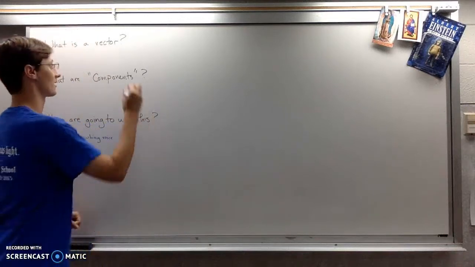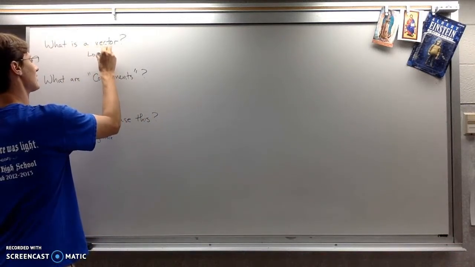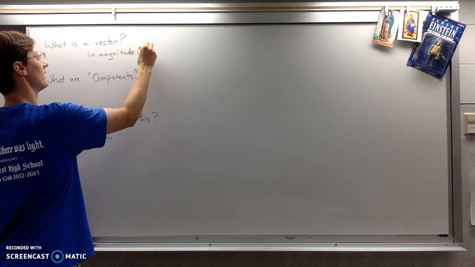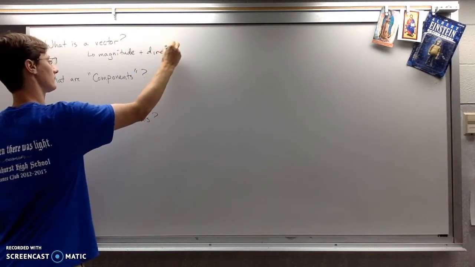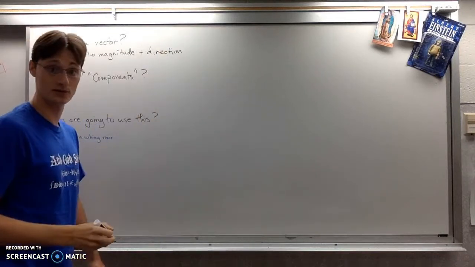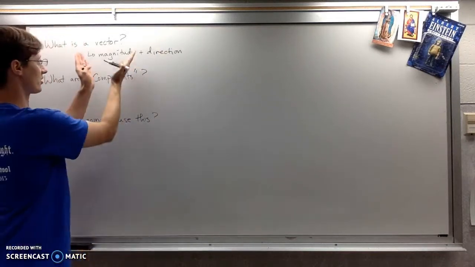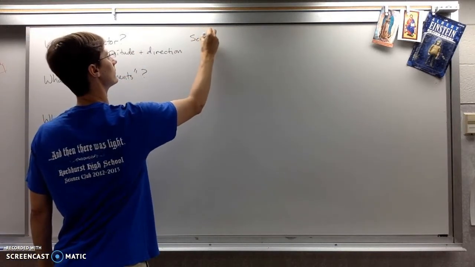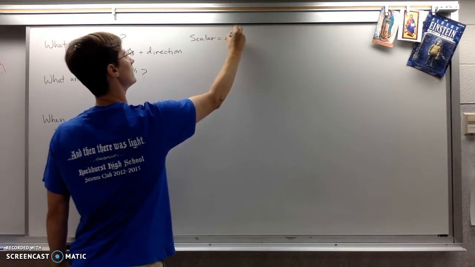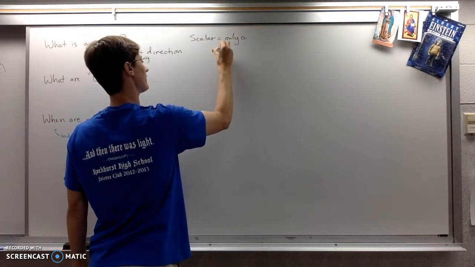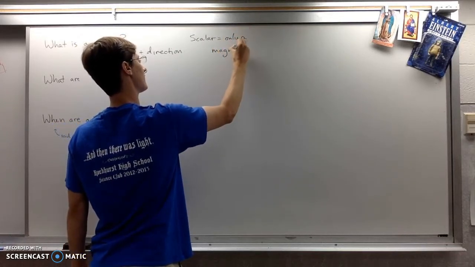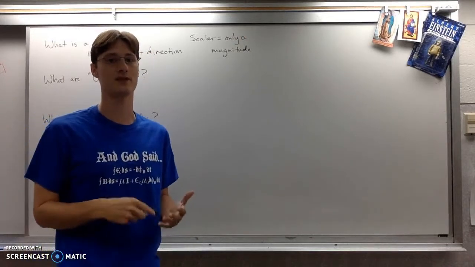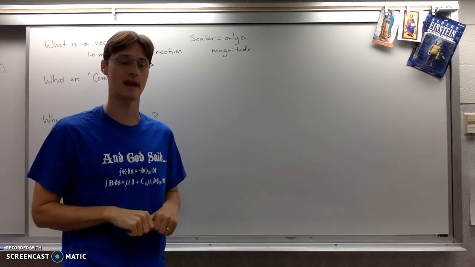A vector is something that has a magnitude and a direction, as opposed to a scalar, which just has a magnitude. If you're thinking to yourself, I remember defining that word magnitude. What was that number again? Magnitude is just how big the number is. That's all that term actually means.